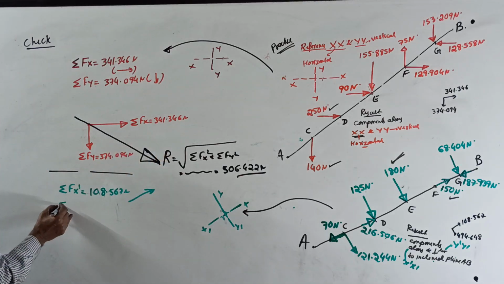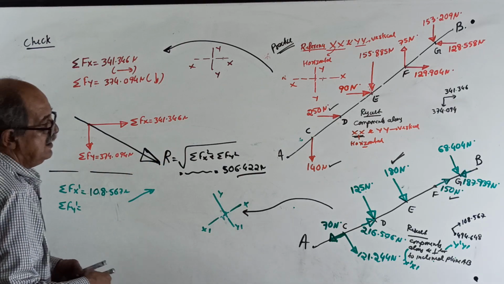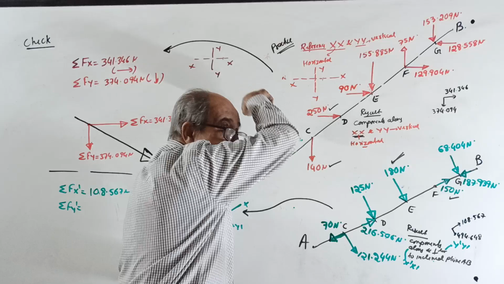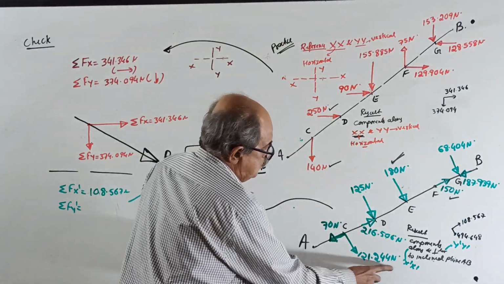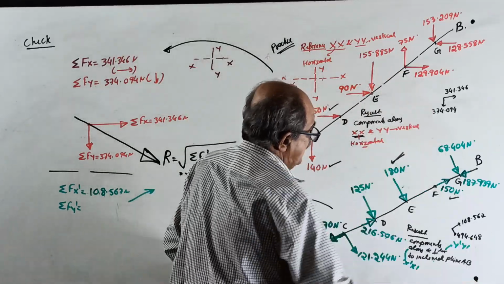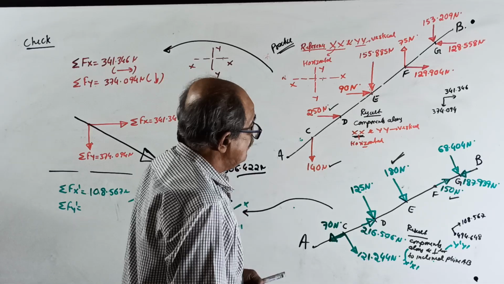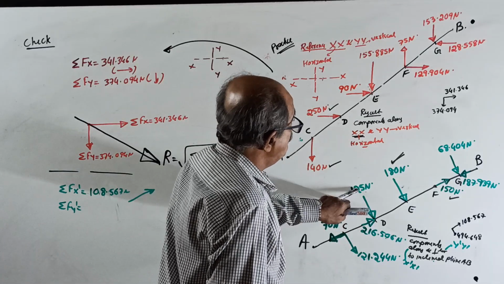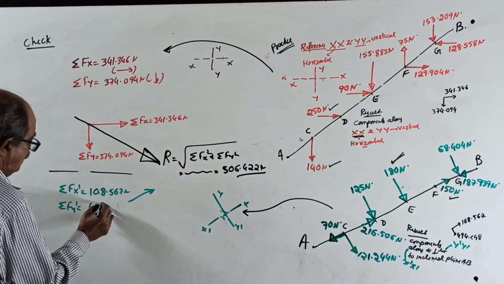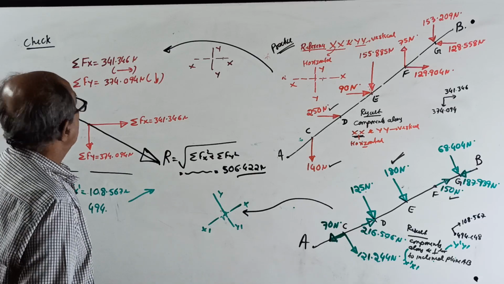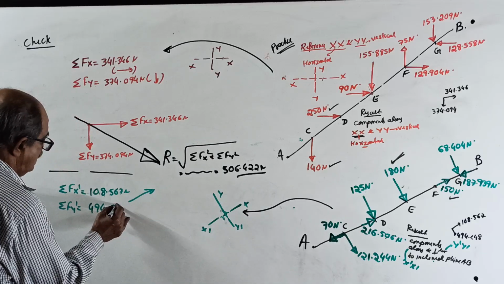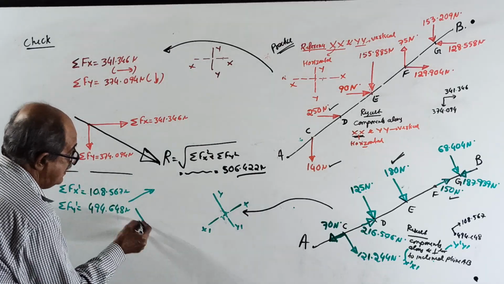And your sigma Fy dash will act perpendicular, in the other direction: 121.244, 125.180 and 68.404. All are correct? It will be 494.648 Newton, this way.